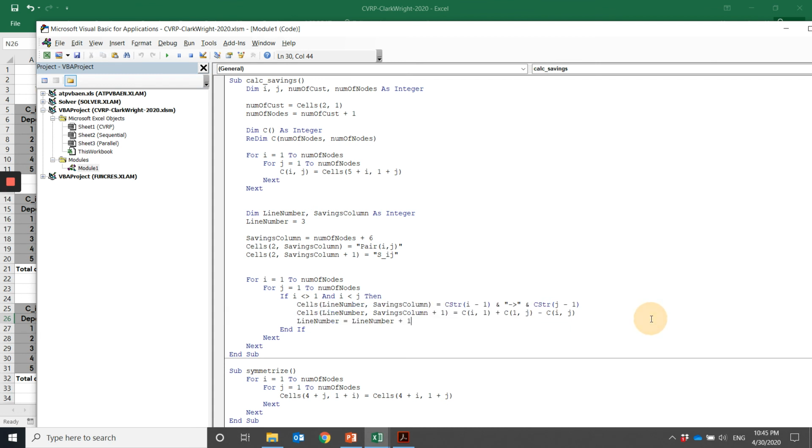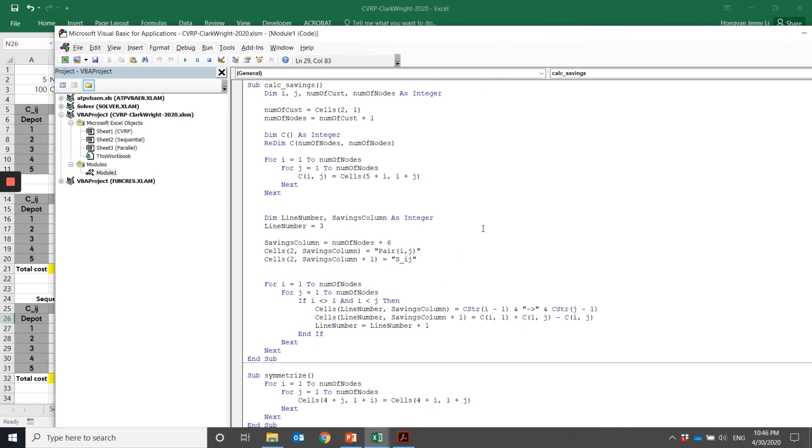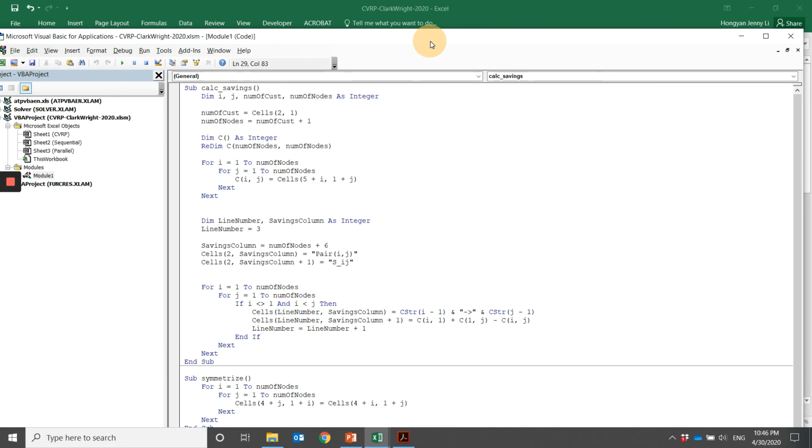If you see how this is calculated, the cost savings, as we already said, is based on saving 2 routes and adding 1 more route. This just simplifies the work. Now if you have different types of problems, you can change this code to calculate savings quickly.